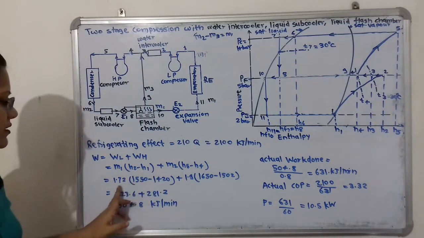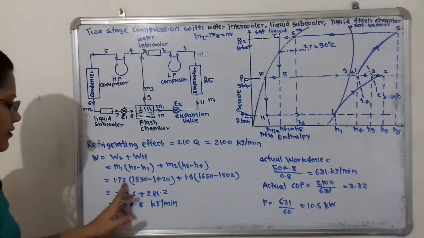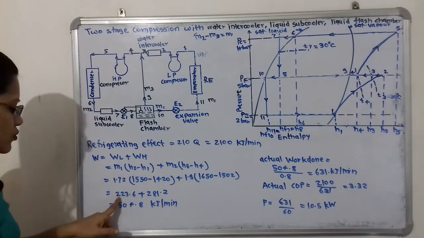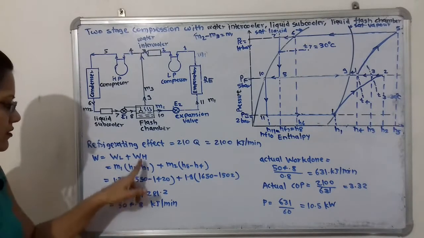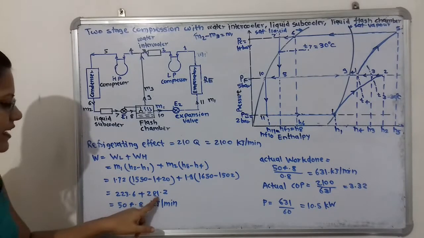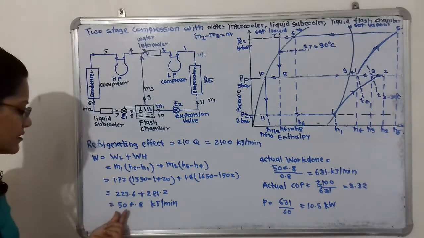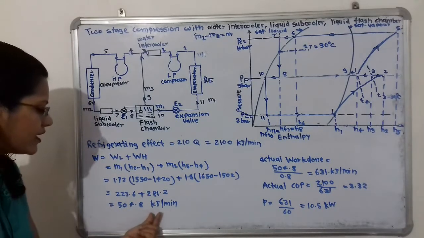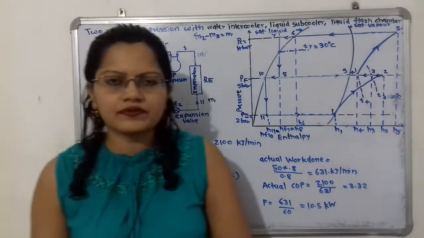If we add these, for WL it is 223.6 plus for WH it is 281.2, and the answer is 504.8 kilojoule per minute.